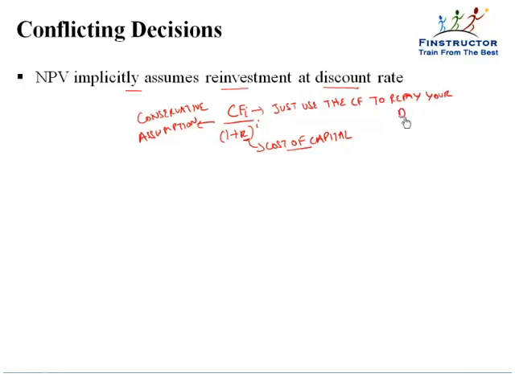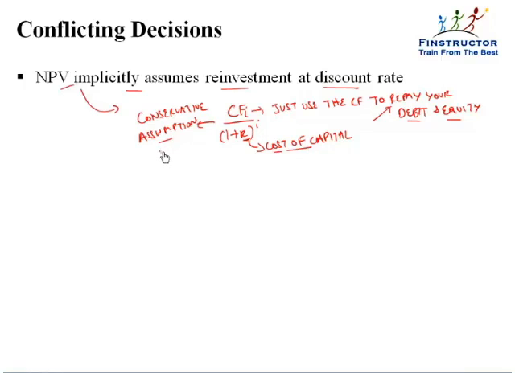If you repay your debt, you save on the interest expense, and as you repay your equity, you don't have to pay them the cost of equity. So even if you have no investment opportunities, you can earn the cost of capital by simply repaying your capital suppliers or your debt and equity. So the NPV assumption is a good assumption. It is a conservative assumption.